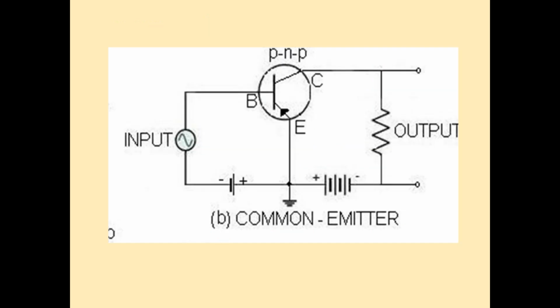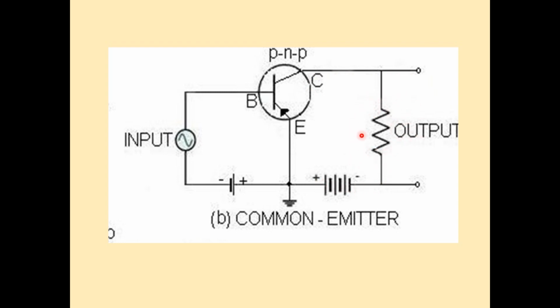Common emitter configuration of a PNP transistor. So in PNP transistor, the emitter is p-type semiconductor. Here emitter is grounded. Input is measured across base and emitter, VBE.